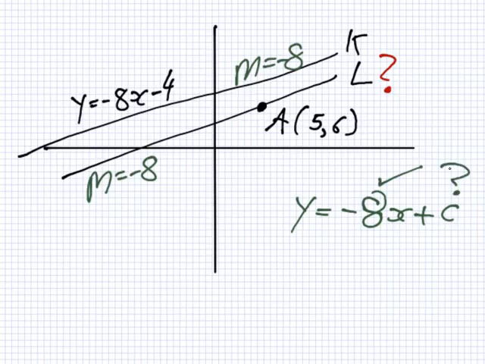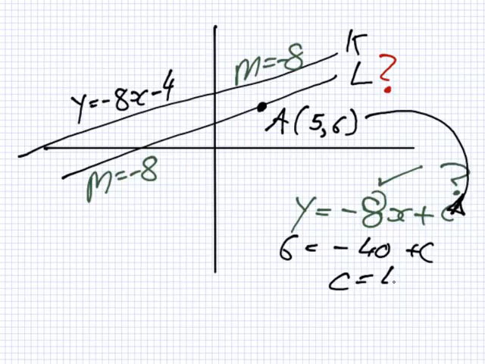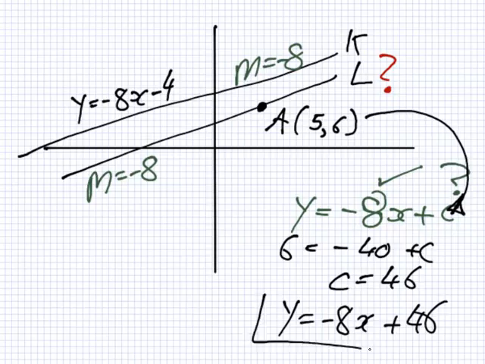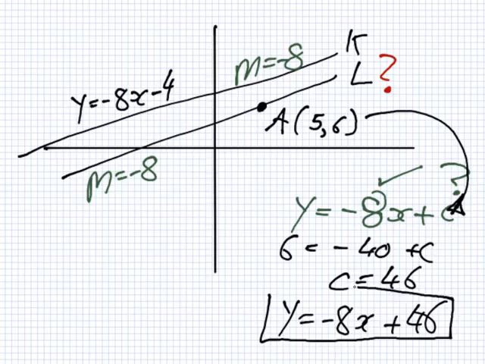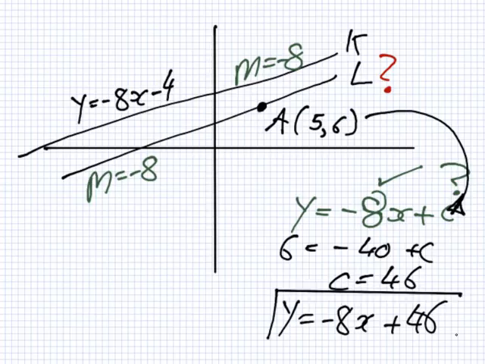Put 5 and 6 into it, yeah. So we get 6 equals minus 40 plus c. c equals 46. So y equals minus 8x plus 46.